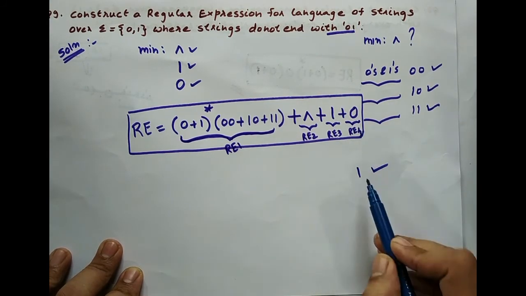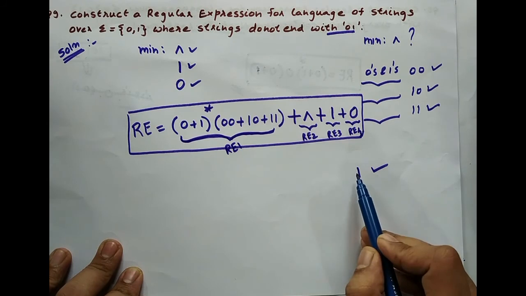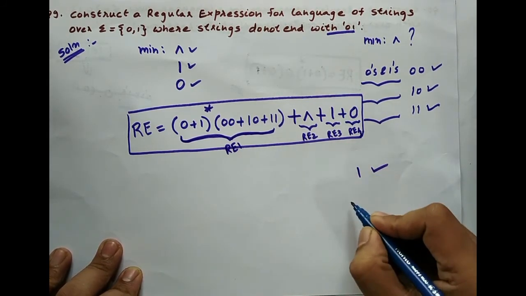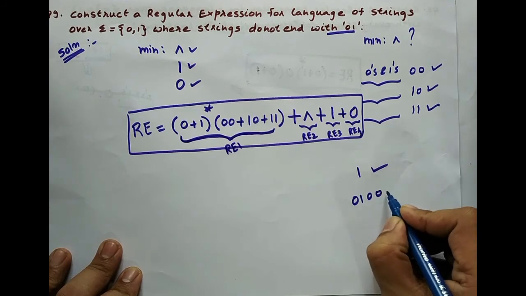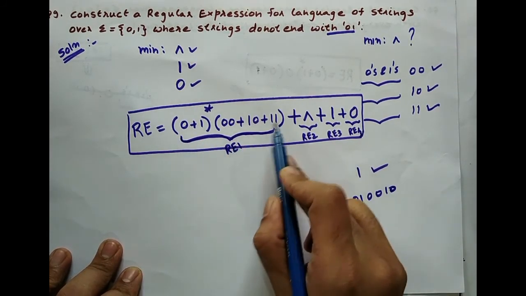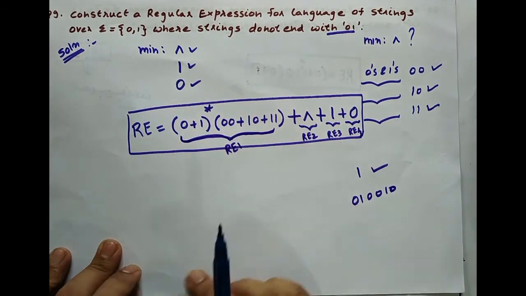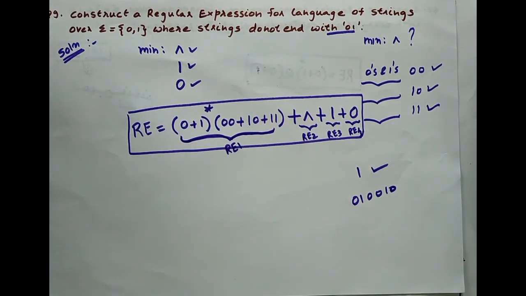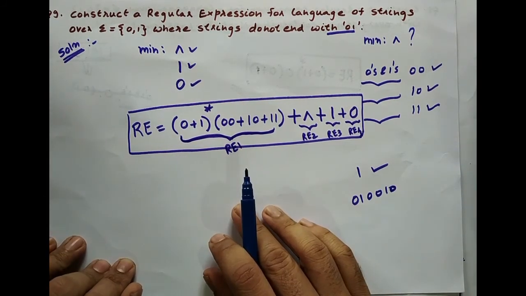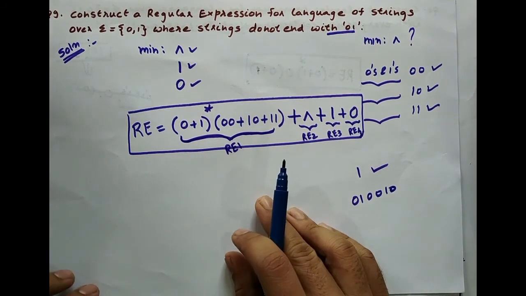String 0 is also accepted. Null string is also accepted. And if the given input string is of higher length, say 01001 0, then this regular expression will be executed.